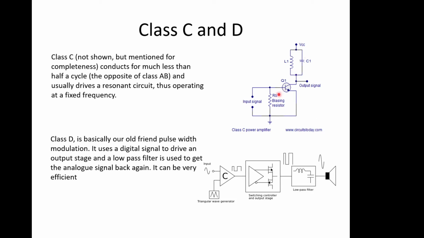And what happens is that the input signal here, let me get a pen, the input signal is going up and down like that. This transistor doesn't conduct for a whole cycle, and what you actually get out of the conduction of this is like a little kick, and then nothing for a while, then a little kick. So it's just little pulses being driven to this, and this kicks this circuit, which then will oscillate down, and then you kick it again.